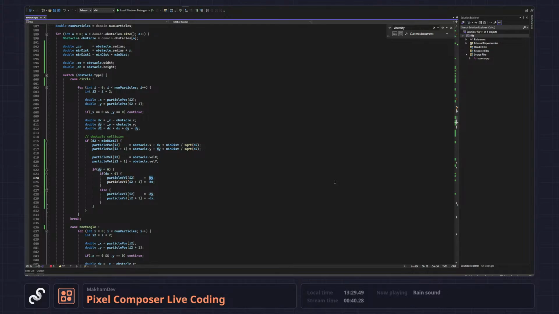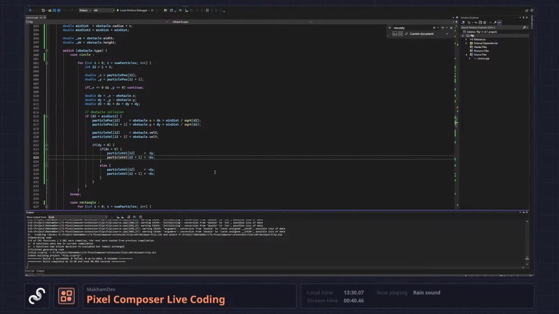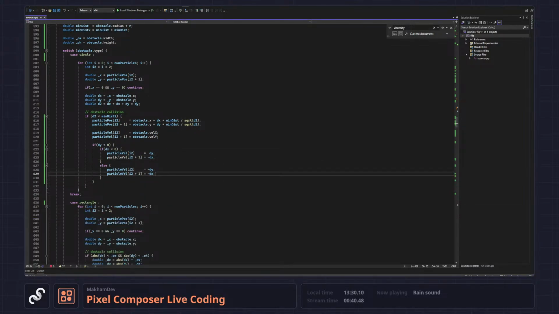And this is move to the right. Then you move down, which means increase dy, which means negative dx because dx is negative. Actually no, plus equal. We're not setting it.